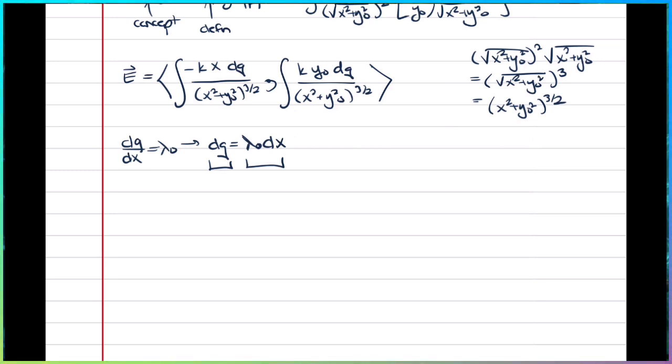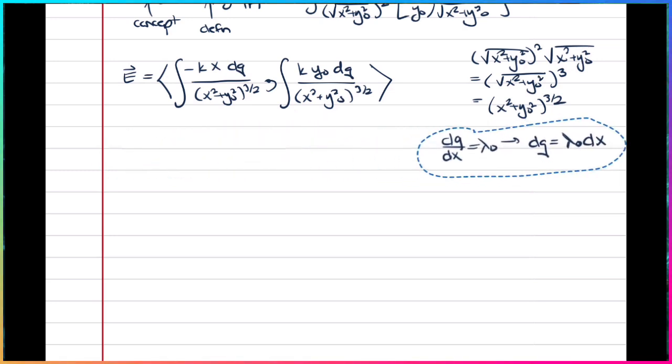Here we're doing it uniformly, so it's just a number times dx. So that's great, because x is something that is changing for every charge. Every charge is located at a slightly different x value. And this would allow us to write the integral in terms of x, which means then we can do the integral.